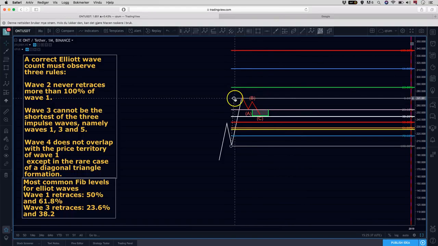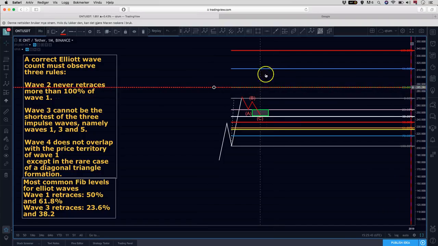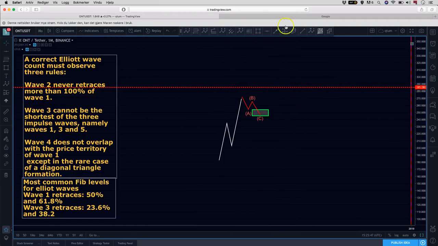If you want to measure to find the fifth wave, we could say this is one potential target. We can also use a fib retracement for this as well.